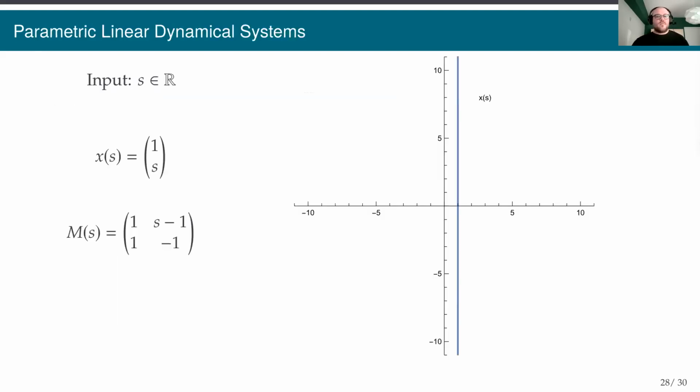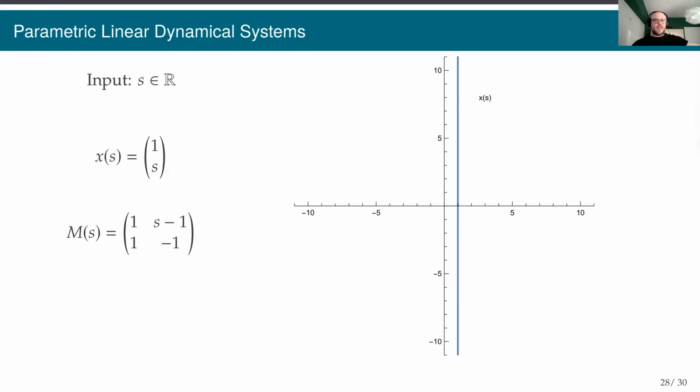And just as an example of what's happening, we have our input s written here, and our initial vector is x of s. It's just in the 2D plane. The first component is 1 and the second is s.